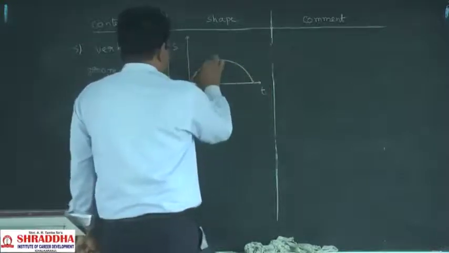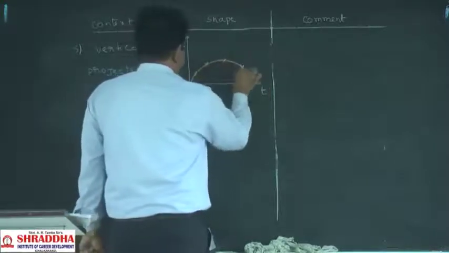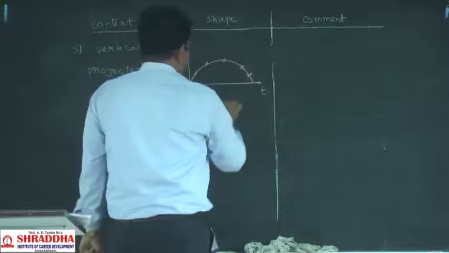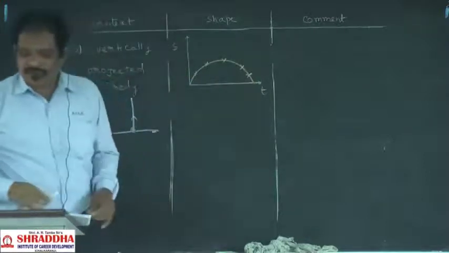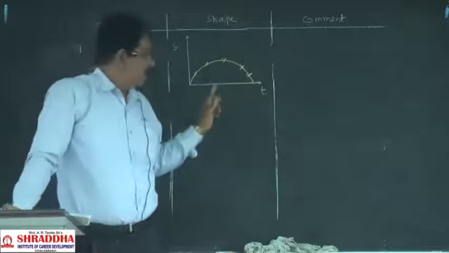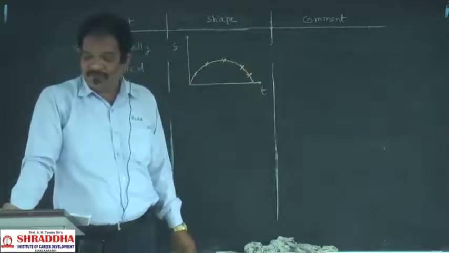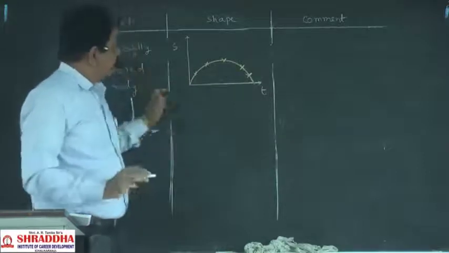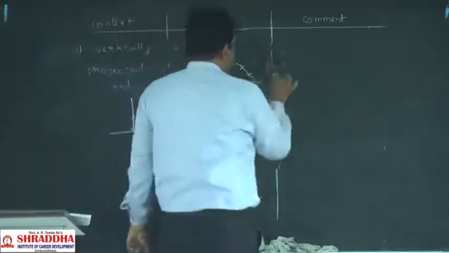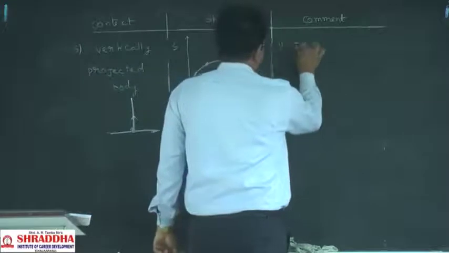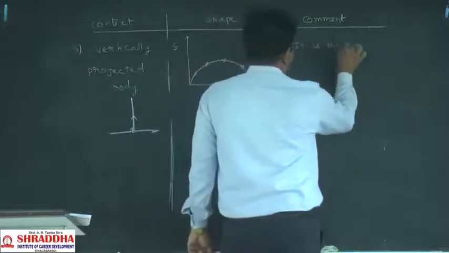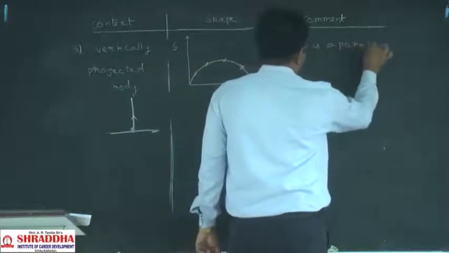At different situations, the graph shape will be in this manner. Clear? So what is the shape of the displacement time graph? It is a parabola graph shape.